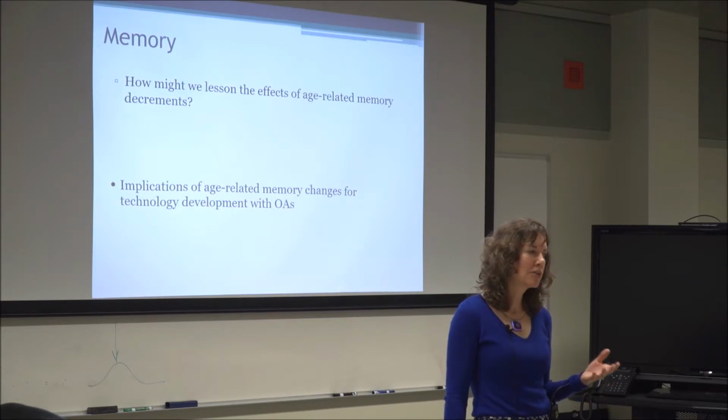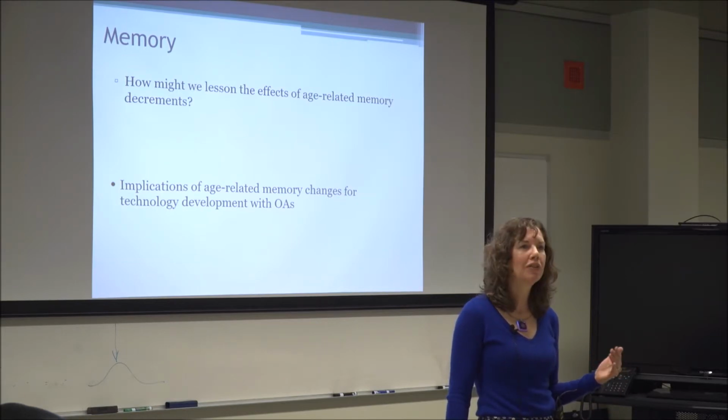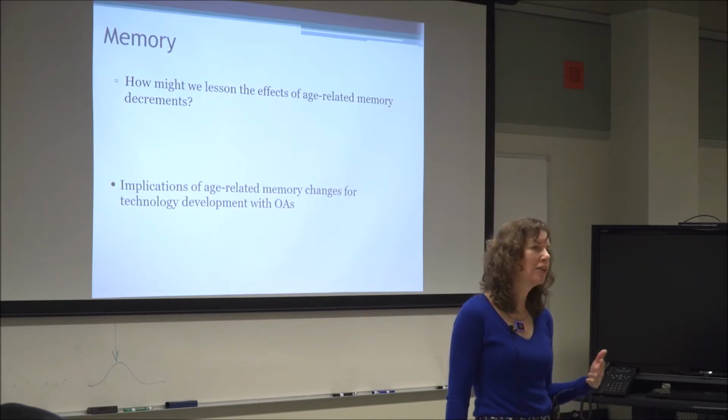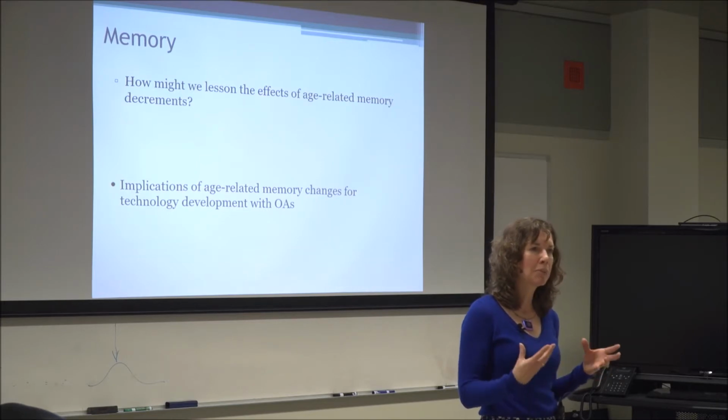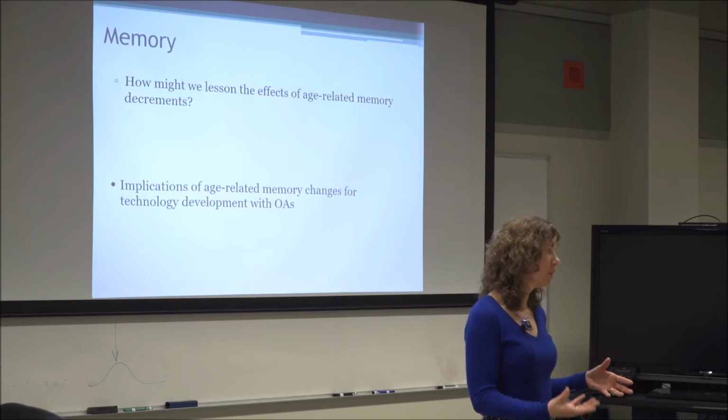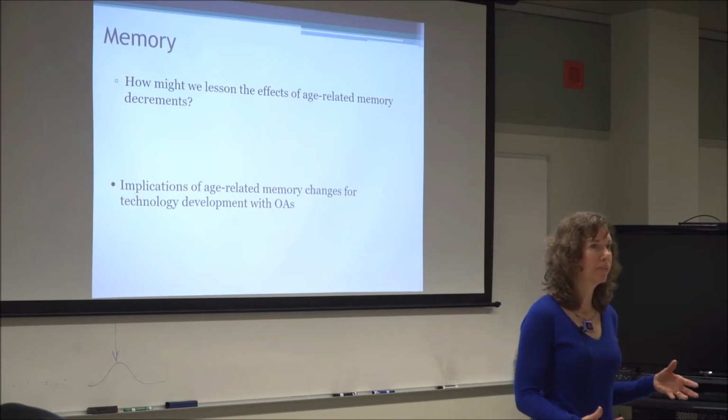If an older adult starts to use something and it's too difficult, it's not easy to use, that's probably going to fail much more quickly than something that is much more intuitive and easier and doesn't put as much on their attentional capacity or their memory capacity. So we see how these changes in cognition really need to be thought about when we're thinking about the design of our technology for our older adult population.